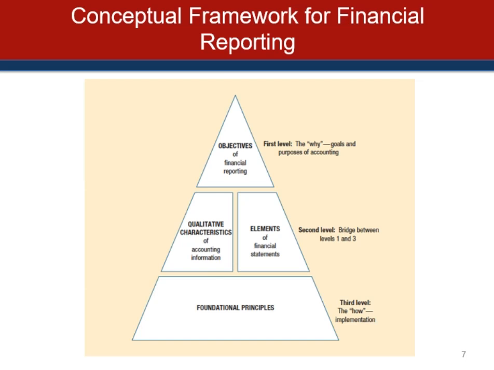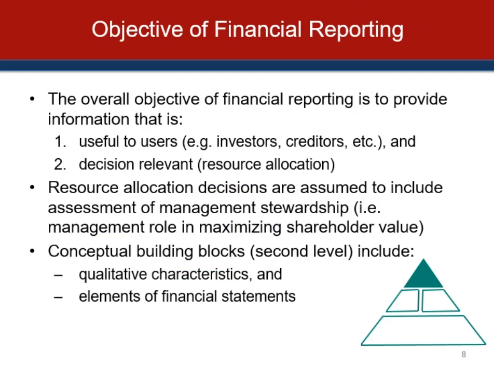So the objectives of financial reporting are fleshed out in the qualitative characteristics and elements of actual financial reporting. So that's the second level. And then the third level identifies all of the assumptions, principles, constraints, and the general context in which the reporting happens. So it would be a description of the reporting environment. The Accounting Standards Board has indicated that it will probably adopt this same framework for private enterprises as well. So it will be incorporated into the ASPE standards as well.